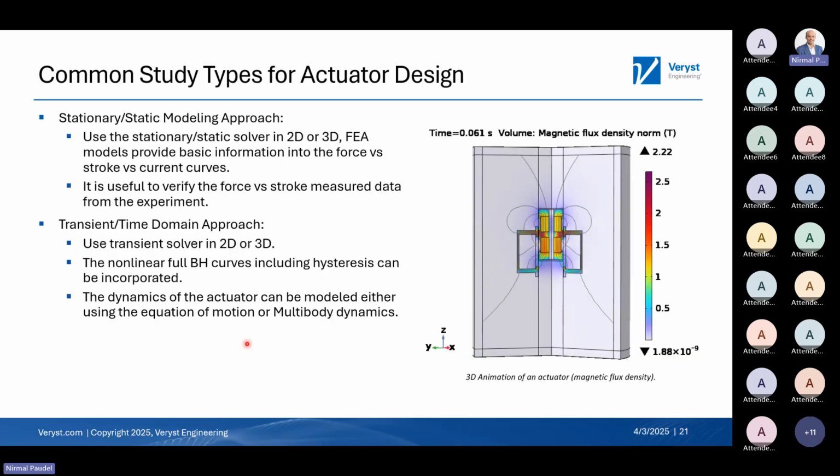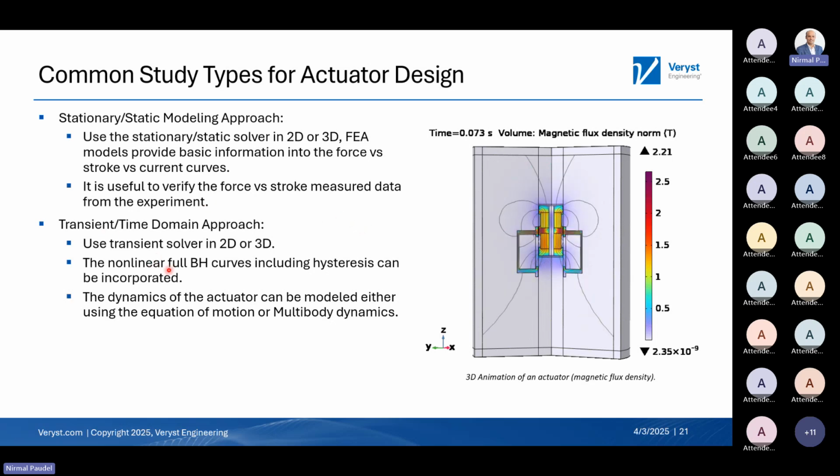All right, let's just start with the first. So we started with the stationary study on the 2D axisymmetric model, and then did a bunch of parametric sweeps to find the range of performance of those parameters, and then moved on to the time-dependent study using the full dynamics.